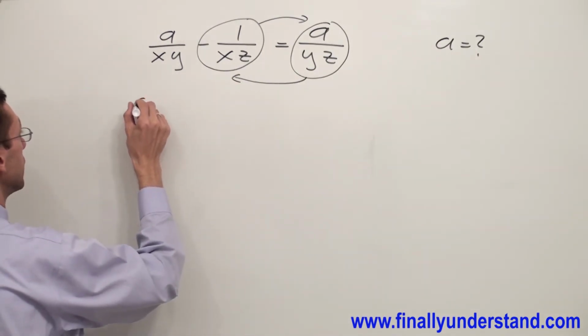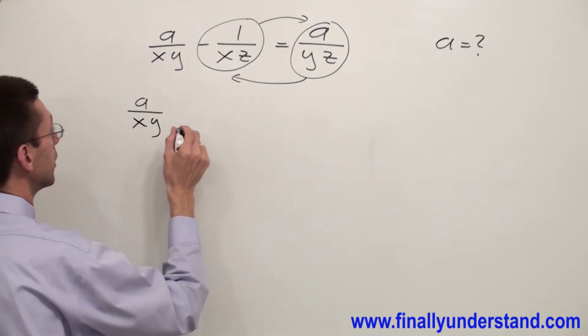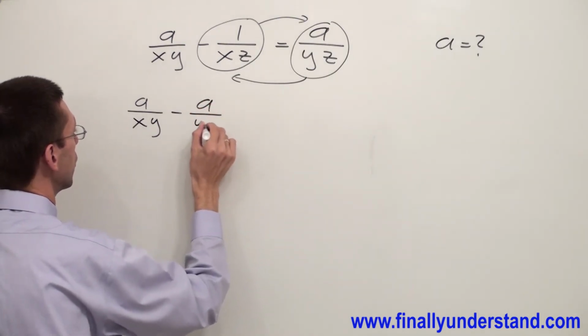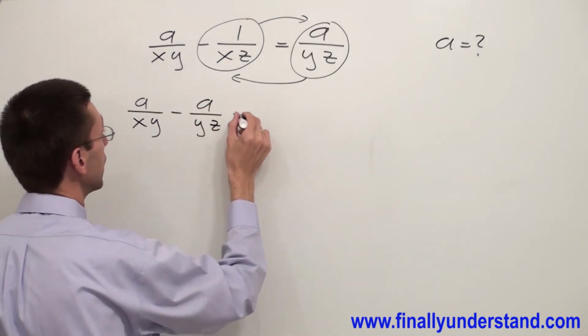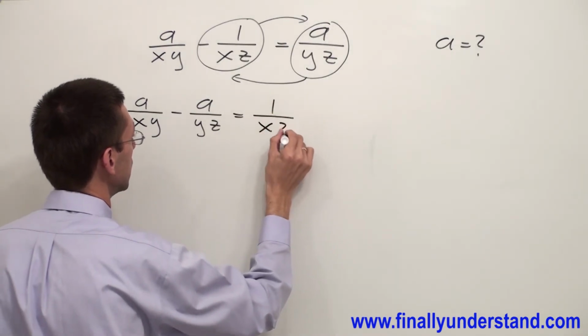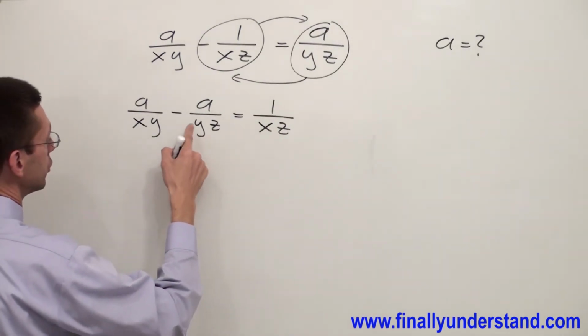I have a over xy minus a over yz equals positive 1 over xz. Okay, now why did I do so?